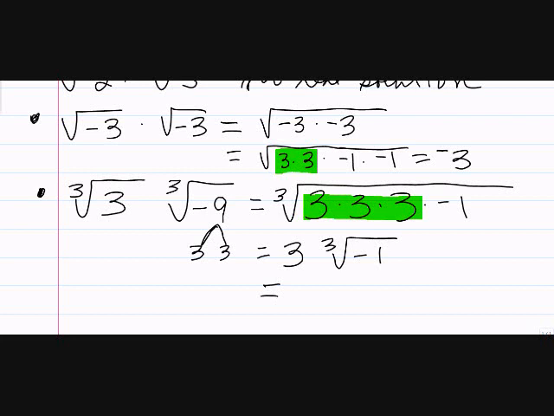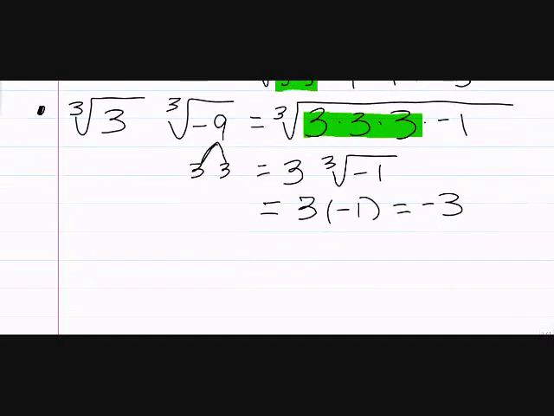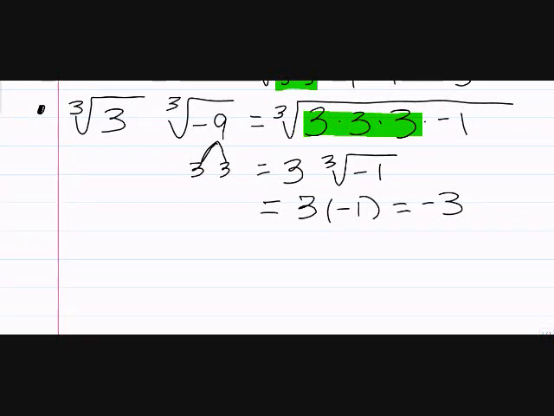What's the cube root of negative 1? Negative 1. So this is 3 times negative 1, so this is negative 3. Or the cube root of negative 27, which is going to be negative 3. And let's not belabor those.